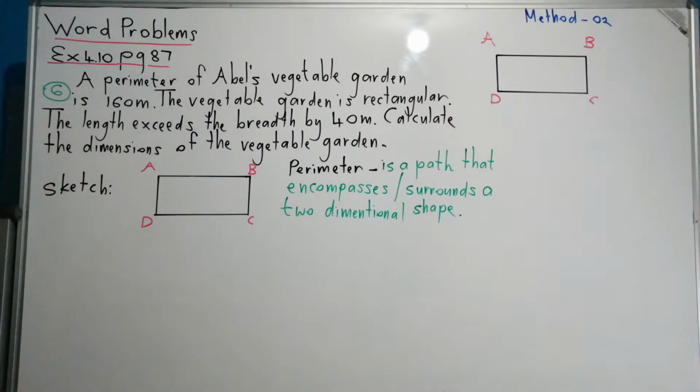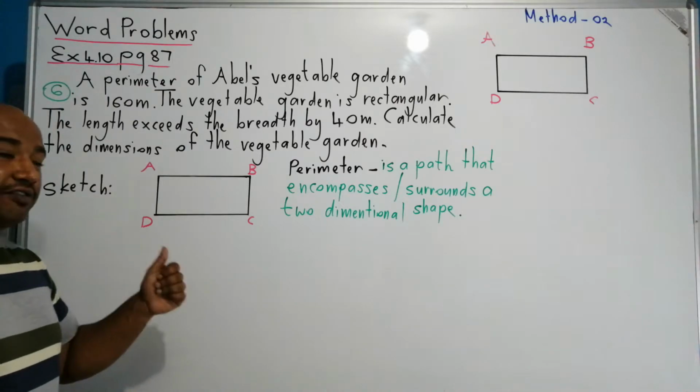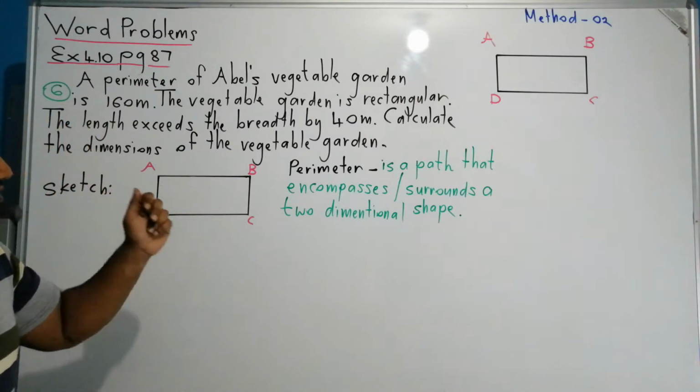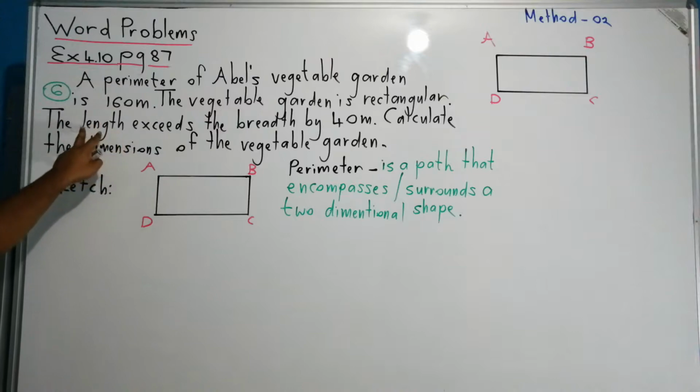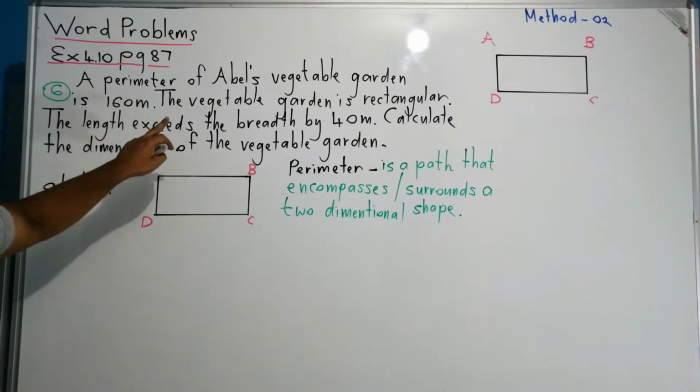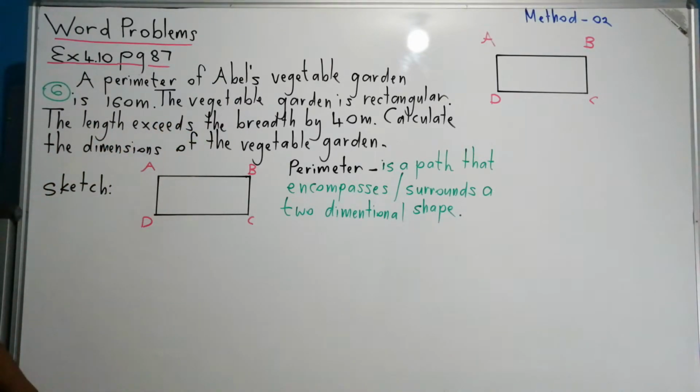Now, remember, we must start off properly by assigning a variable to the length or to the breadth. It depends on how you want to start. Let's look at the first option here. So what do we know? That the length exceeds the breadth by 40 meters.